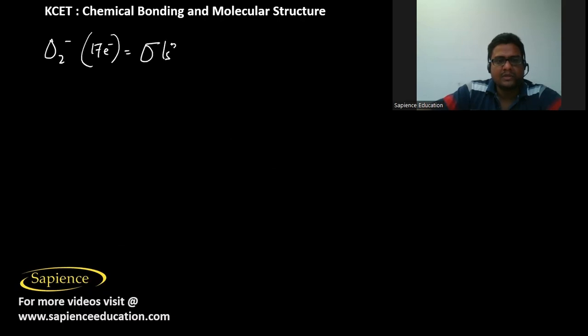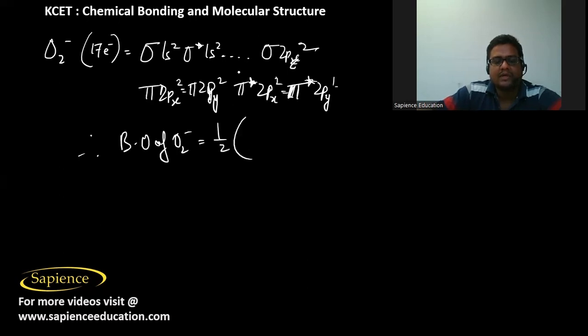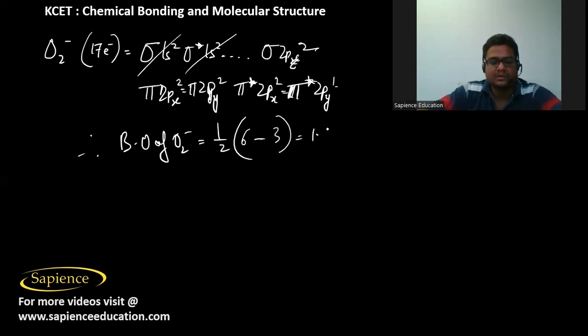It will start from sigma 1s2, then sigma star 1s2, and go till sigma 2pz2, then pi 2px2 equals pi 2py2, then we will have pi star 2px2 and pi star 2py1. Therefore the bond order of O2 minus will be half of the number of bonding electrons, which is 6, minus the number of antibonding electrons, which is 3, so it is 3 by 2, that is 1.5.